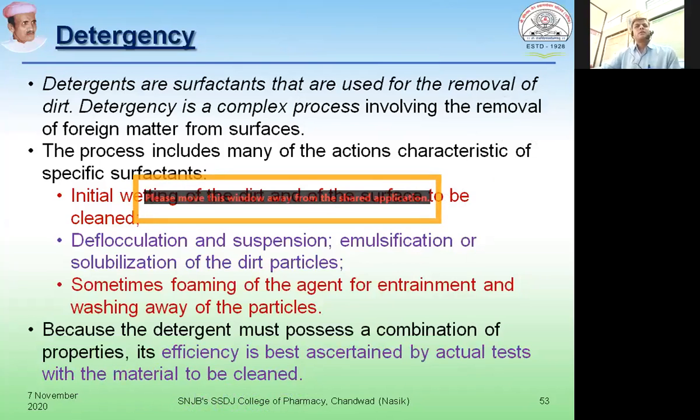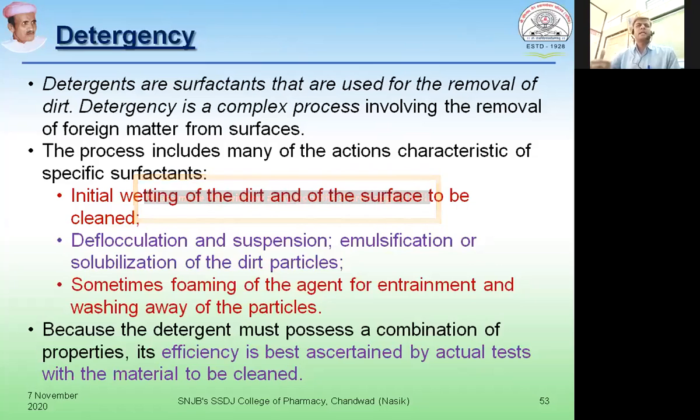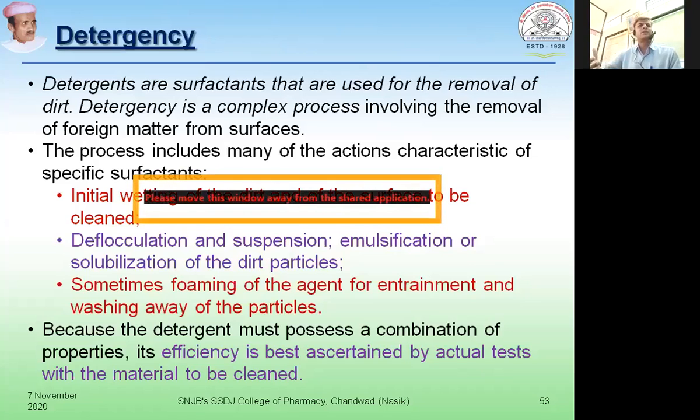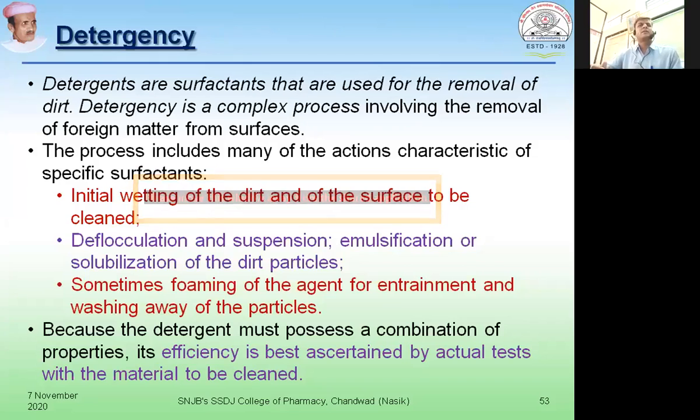So the detergent must possess a combination of these properties. It should decrease the contact angle between your washing vehicle, say for example water, and the material which needs to be washed. Say for example your clothes are there which are being stained. So there has to be a proper interaction taking place between washing liquid or vehicle and the dirt particles. That role is being properly played by the surfactant by decreasing the contact angle.